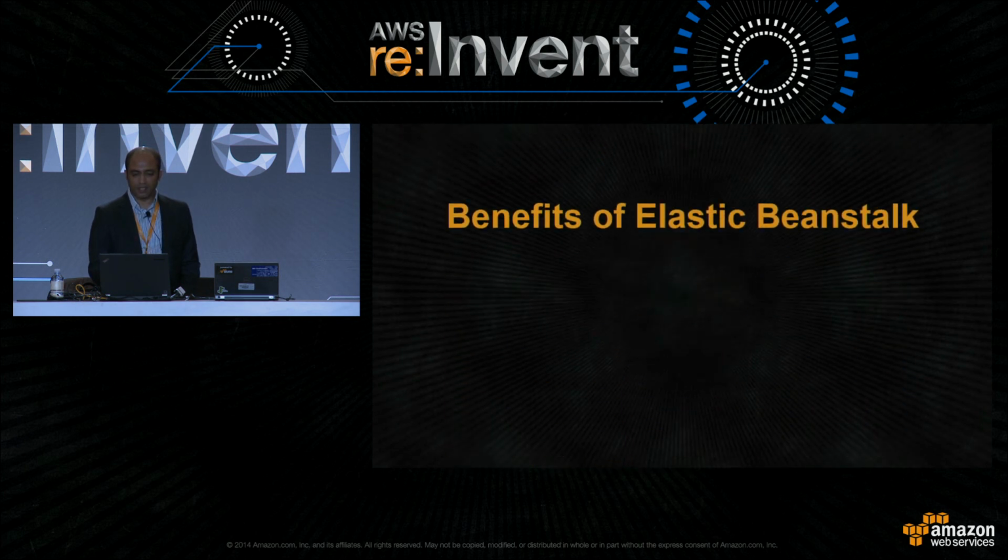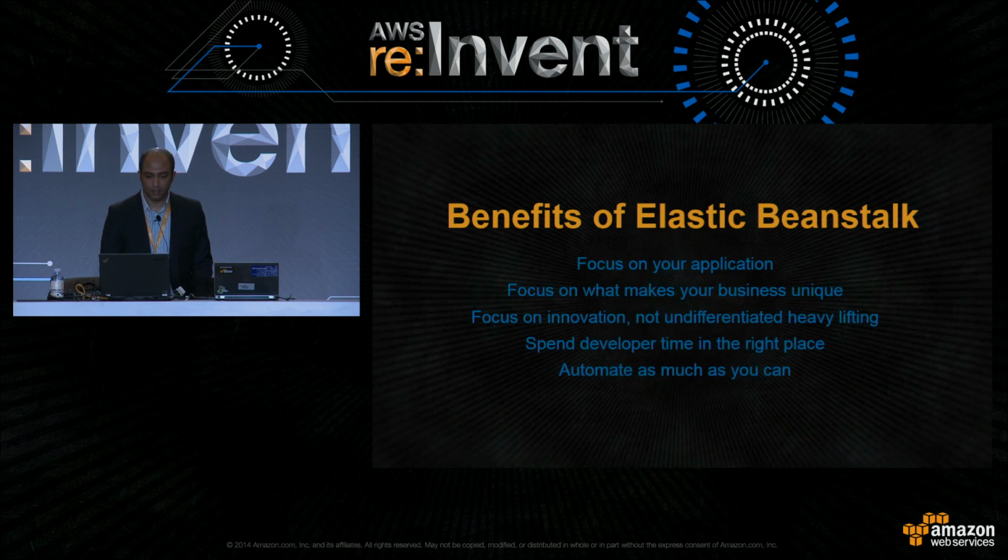So let's quickly recap the benefits of Elastic Beanstalk. Beanstalk basically lets you, or at least we hope that Beanstalk lets you, focus on your application. It focuses on what makes your business unique. It allows you to focus on innovation, not doing the undifferentiated heavy lifting of setting up your environments, configuring your application stack, and deploying your applications.